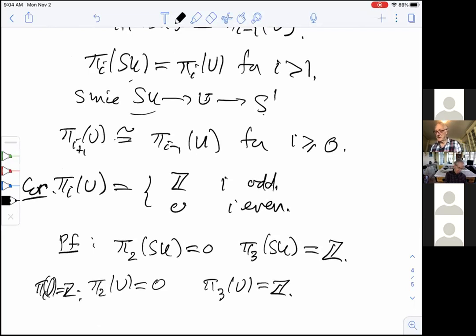Once I know pi 1 of U is Z and pi 2 of U is 0, then the groups are periodic. Sorry, this should say i greater than or equal to 1.